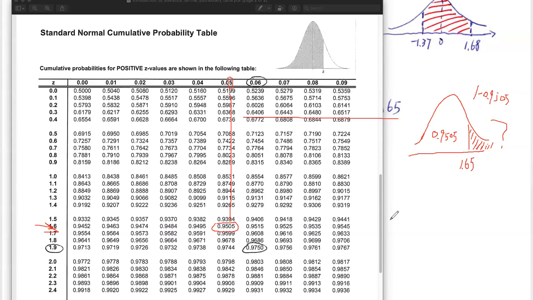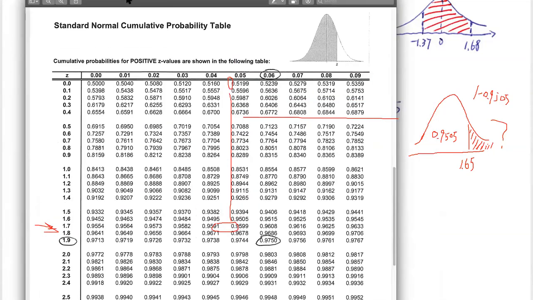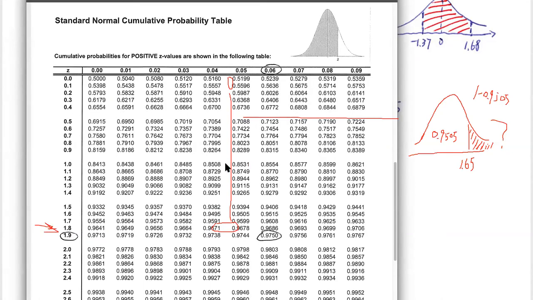You see that one here, 0.0495. Is that clear, everybody? So the table is always giving us the probability to the left, but if we are asked for the probability to the right, we can also do that.